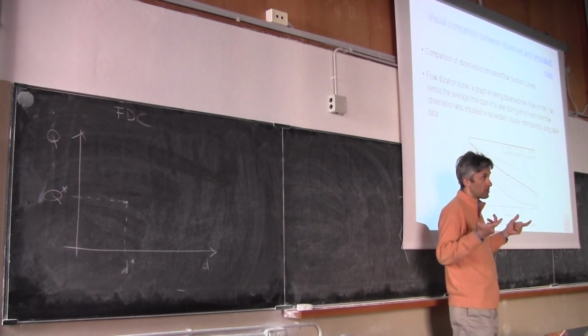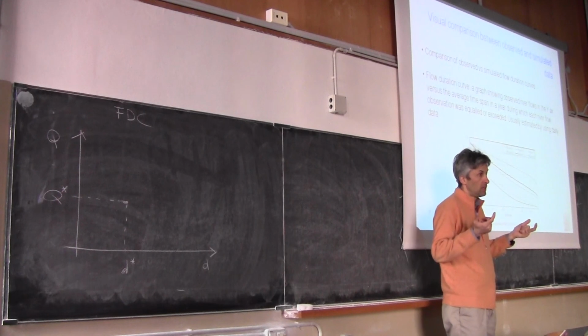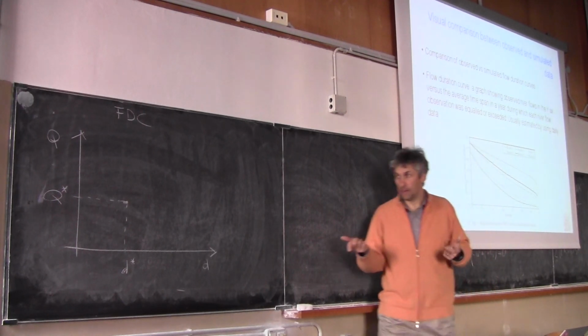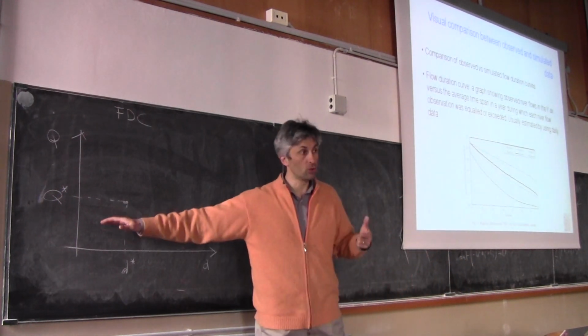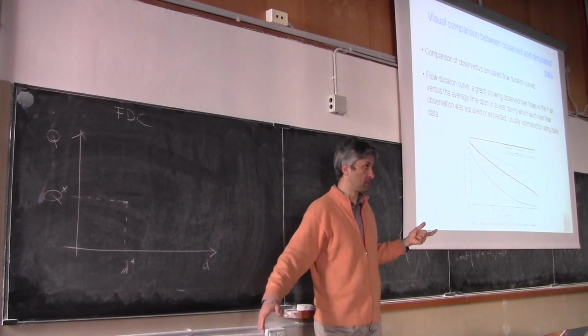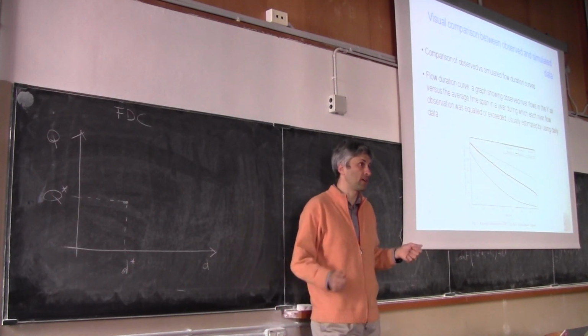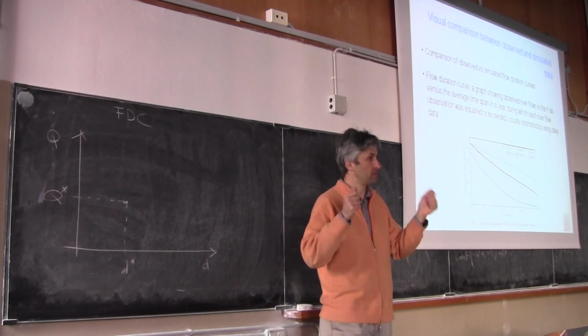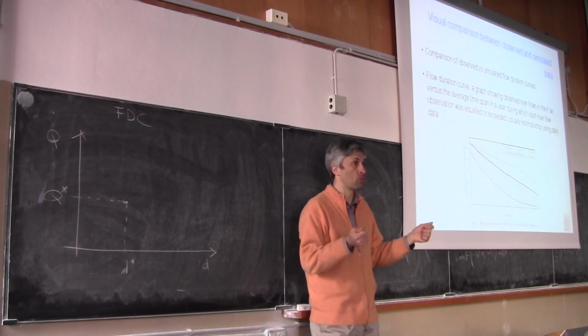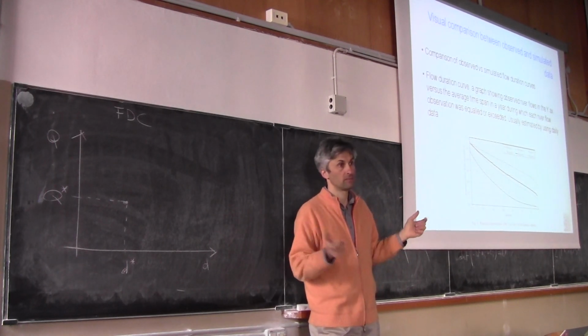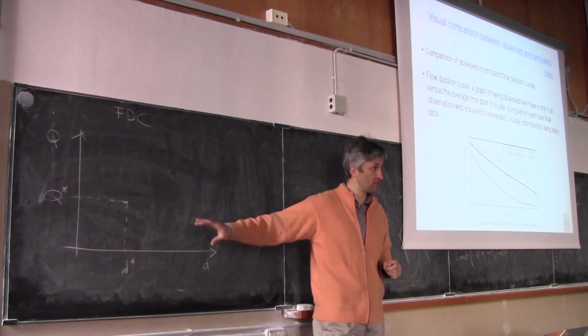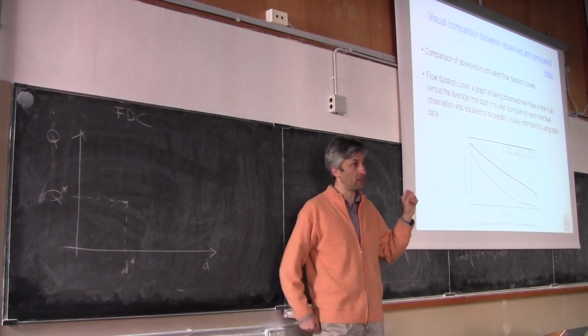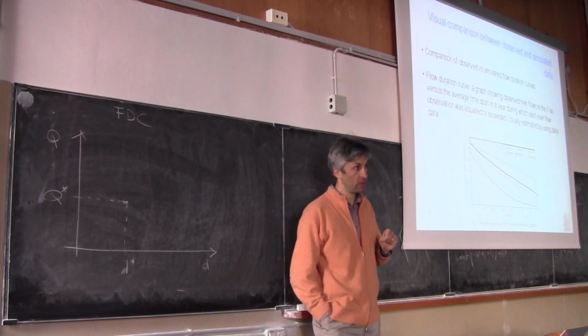And of course, if you design an aqueduct and you want to get the amount Q star of water, it's important for you to know if you can deliver this water for 365 days a year or just 1 week a year. This is very much important. So you understand why the flow duration curve gives you important information.